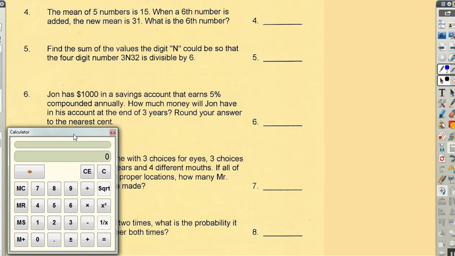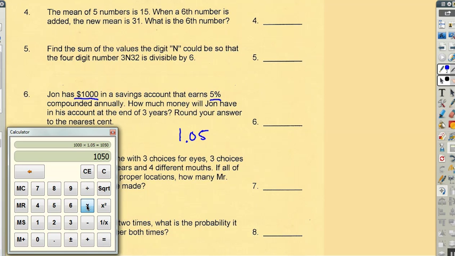So we have 1,000 times 1.05. Why 1.05? Well, the 1 represents the 1,000 that he already invested, and the 0.05 represents the 5% that gets added to his money. And so that equals 1,050. But that's only 1 year.